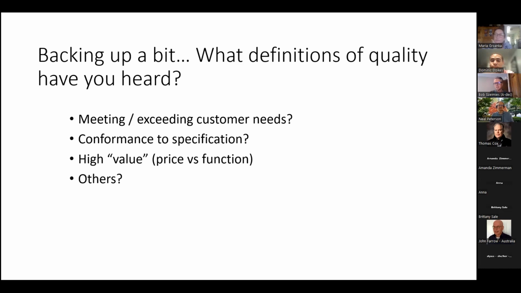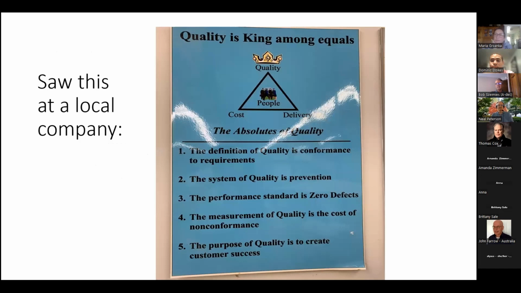Conformance to spec was one I was taught. That's what quality is. As a matter of fact, not to throw any particular companies under the bus, but here's one that I saw just the other day. The definition of quality is conformance to requirements. Classic.